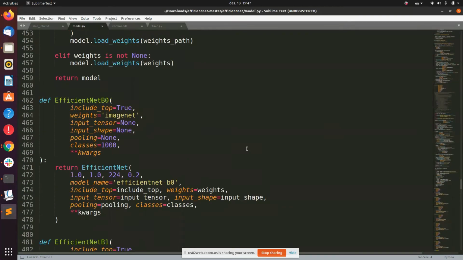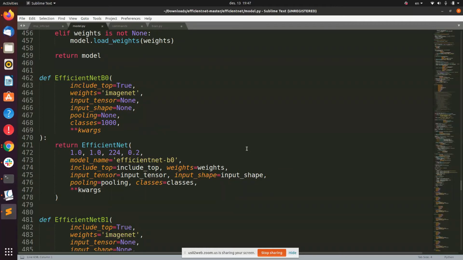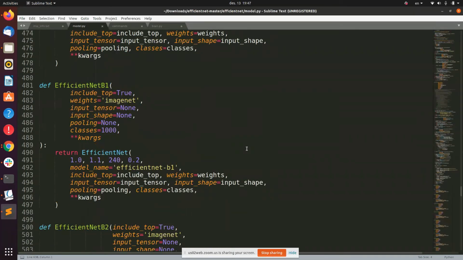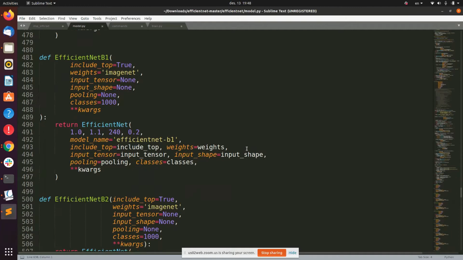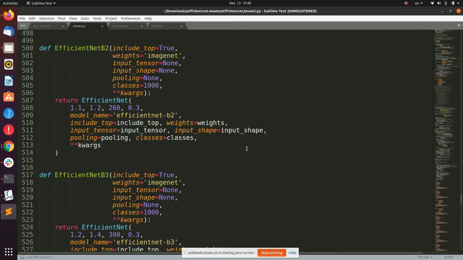B0, if you see here, width coefficient is 1.0, depth coefficient is 1.0, resolution is 224, and the next parameter is the dropout ratio. Next is B1, where we change the depth coefficient and resolution, and the dropout ratio remains the same. In B2, we change the width, depth, resolution and dropout.